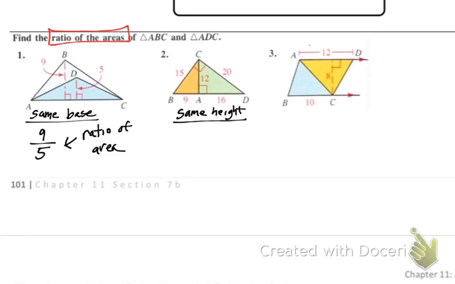So we're comparing bases. ABC is going to have a base of 9. ADC is going to have a base of 16. Does it matter what triangle you put on top? Just because they said the ratio of areas of ABC and ADC, I'm going to put ABC on top and ADC after.